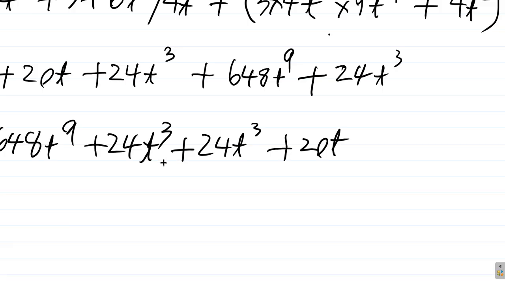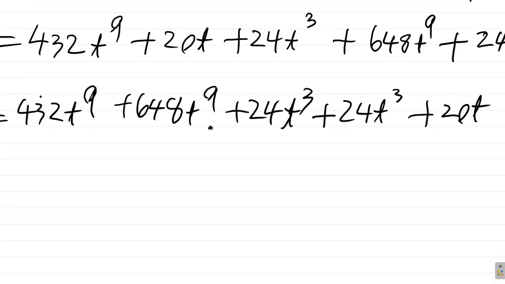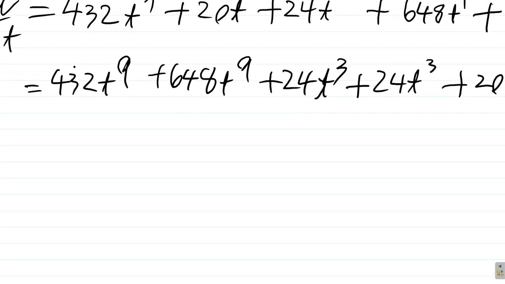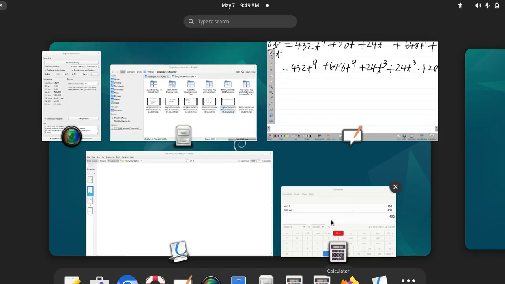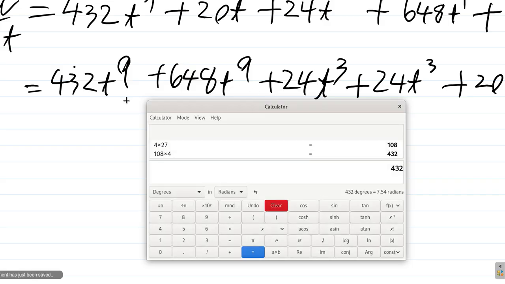So there we have that. Then we have 432 plus 648 here. So 432 plus 648 equal 1080.